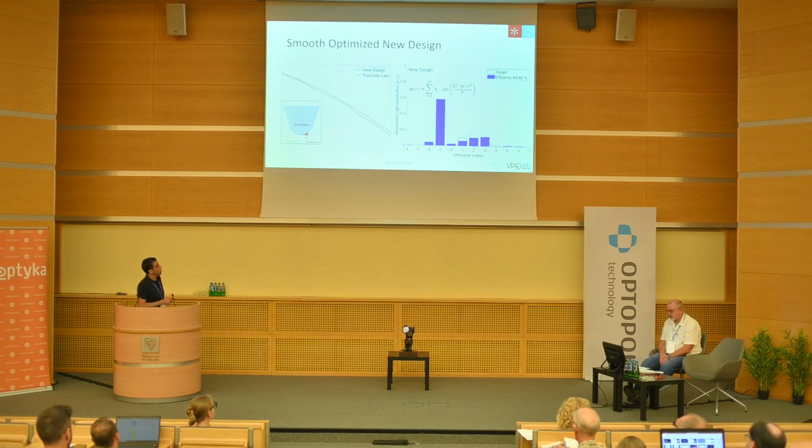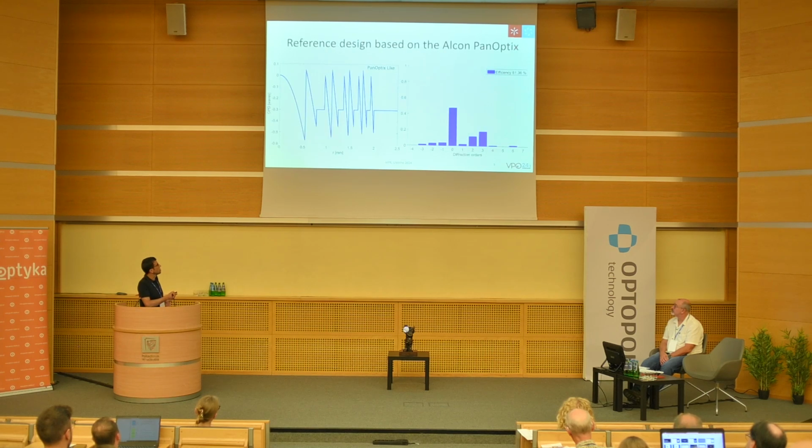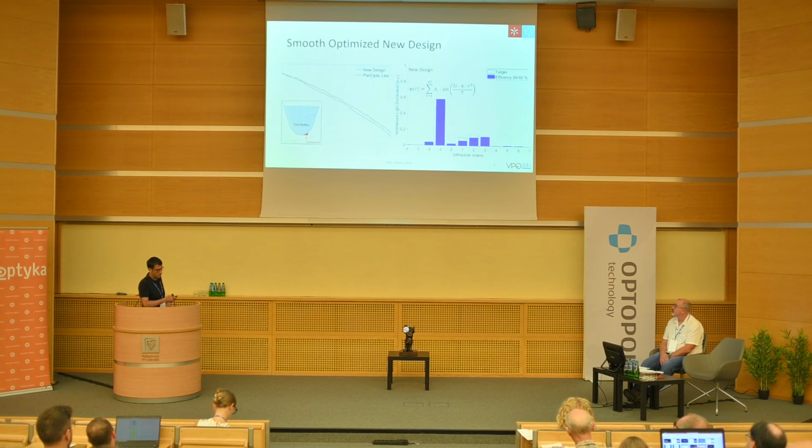So what I did is to create a design with an optimization algorithm that is not limited by shape like the previous design here. This is a kinoform design, so it follows this parabolic shape. And this one is a freeform design. So it's like seeing what type of shape gives me the best possible light distribution.